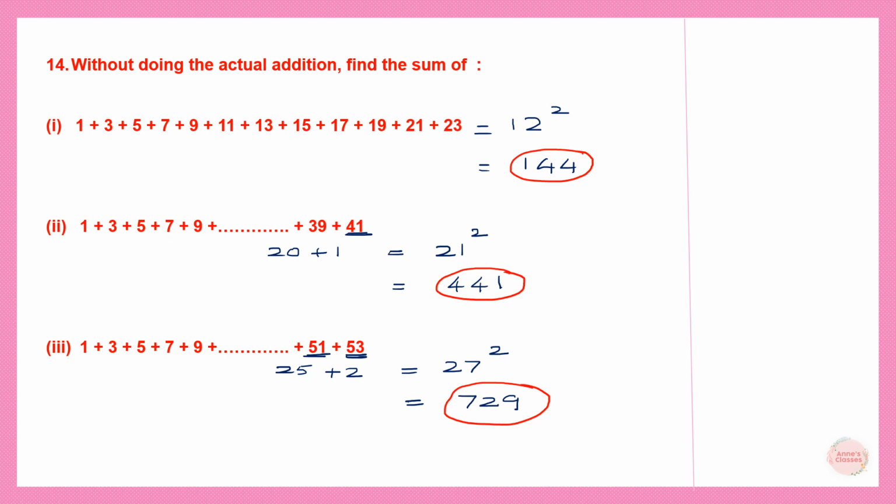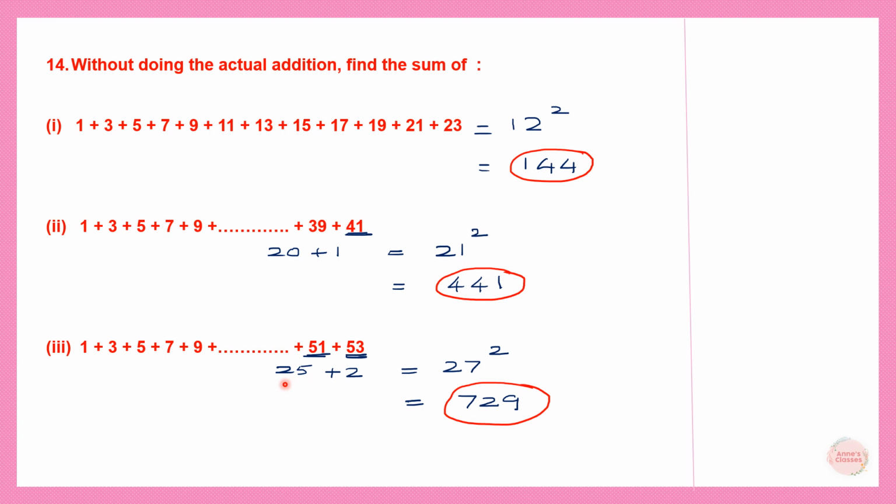Let me tell you that once again. Now here we have to find the sum. That means we have to add up all these numbers up to 53 and get our answer. The easy way to do it: just think, from 1 to 50, how many numbers are there? There are 50 numbers. If we take only the odd numbers, leaving out the even numbers, we get half of 50, which is 25.